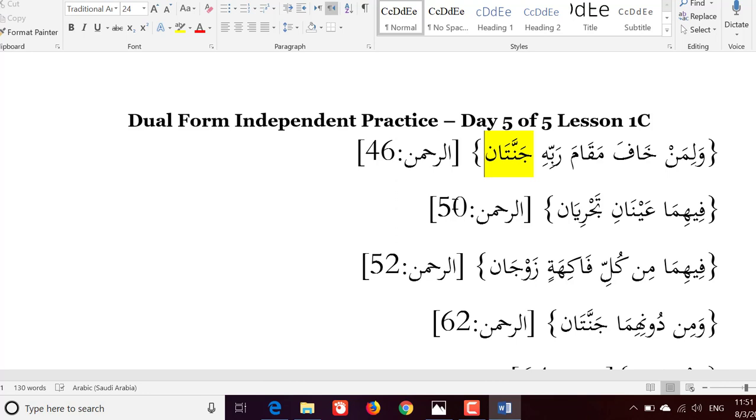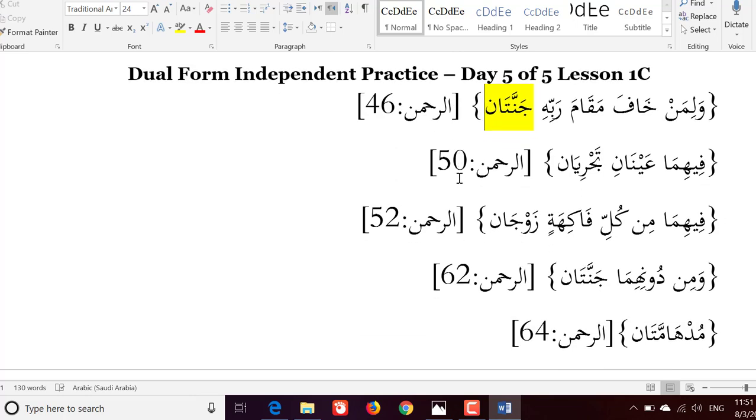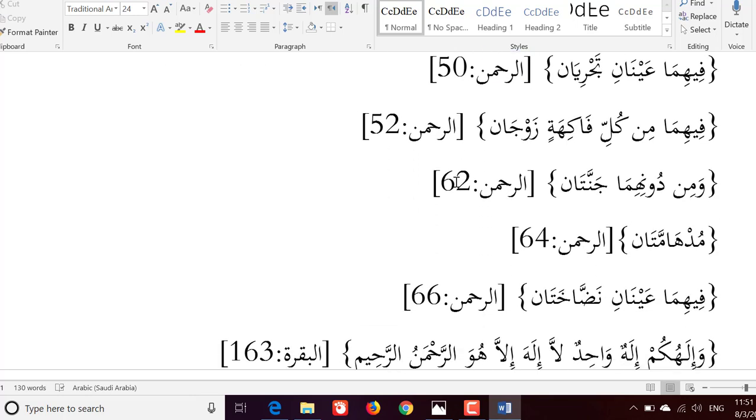Okay, our subject here is actually jannatan. So waliman, so for whomever, khafa, whomever fears standing in front of his Lord gets two jannahs. So basically, there are two jannahs for whoever fears standing in front of his Lord. This is also why I'm not giving you it as translation, because I think it's a little bit complicated, but don't worry about it. That's why I'm doing it with you.